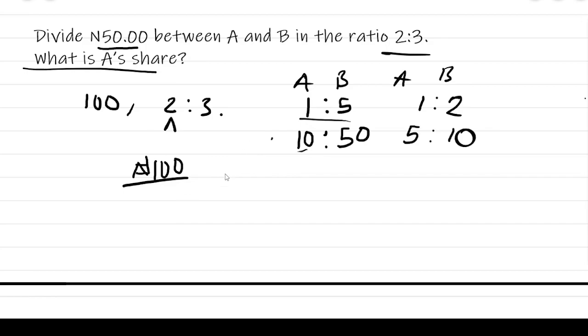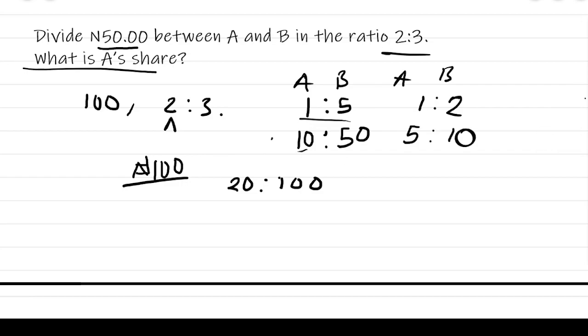Assuming that A got 20 naira, B should be getting 5 times 20, which is 100 naira. So if A got 20 naira, B should be getting 100 naira. But it's not so easy to share this, because now the amount shared is 120 naira, but we only have 100 naira.